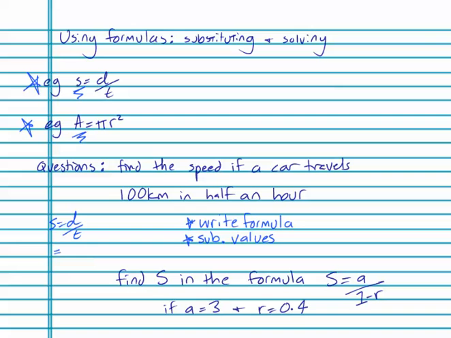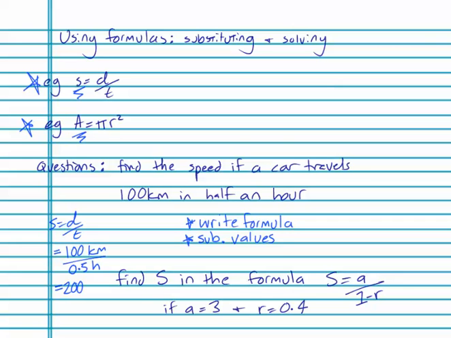Speed is distance over time, equal sign underneath. Distance was 100 kilometers. Time, now it was half an hour. Can't put in a half so easily. 0.5 hours. Do our division just of the numbers. 100 divided by 0.5 is 200. And that's right, isn't it?